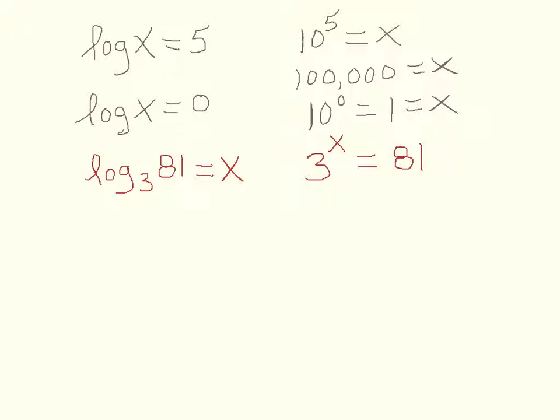And if you don't know that right away, you can in your mind go 3 times 3, okay, that's 9 times 3, that's 27 times 3, and that gets us to 81. So x is equal to 4.